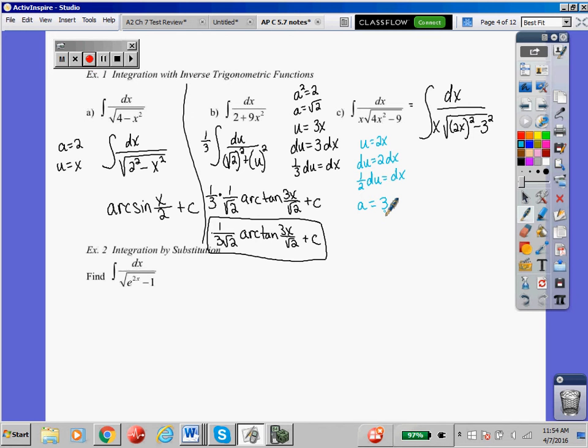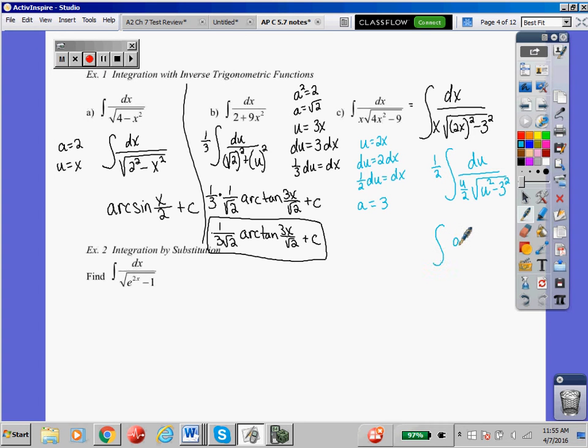Now we have a problem here, so let's work this a moment. Instead of a, I'm going to leave my 3. But what about this x? That isn't just u, is it? It's u divided by 2. You guys see why? If this is x and u equals 2x, I'm going to have to replace this x. Now, when you have a divided by a fraction, that's going to end up flipping to the top, isn't it? And it's going to cancel the 2 here.